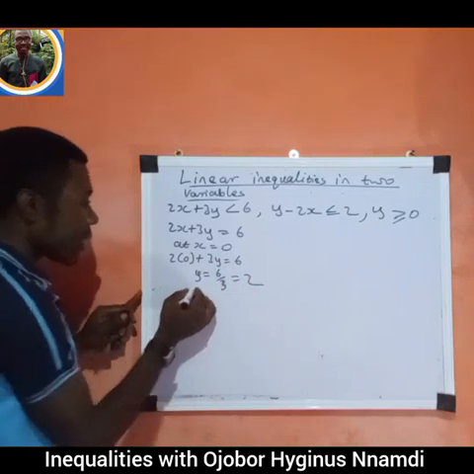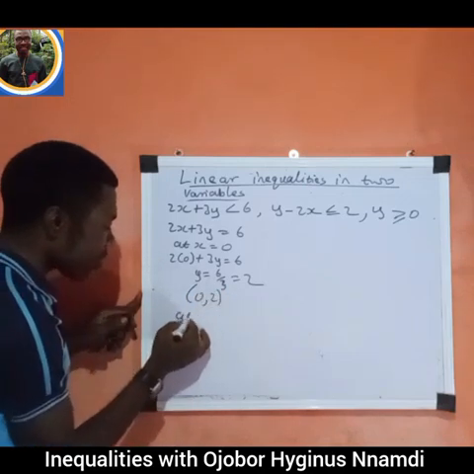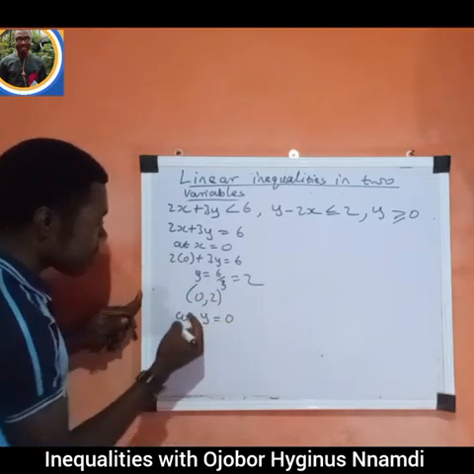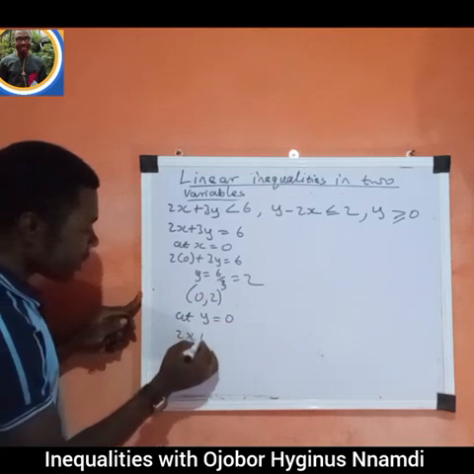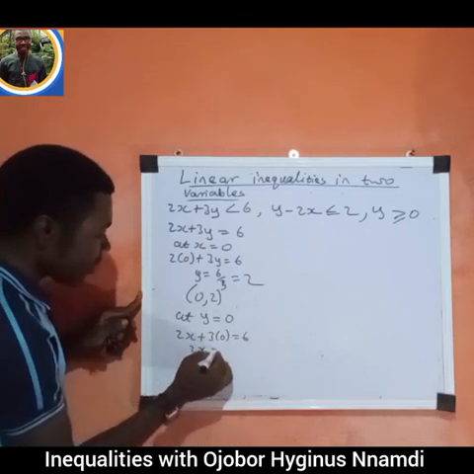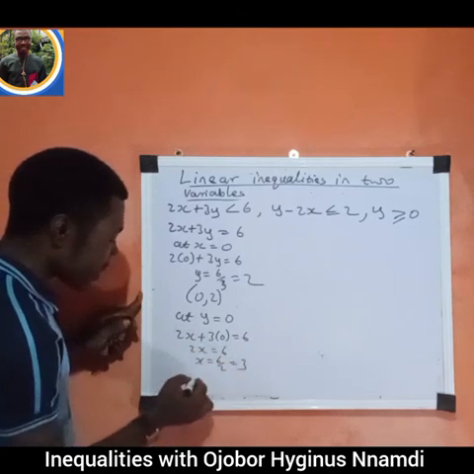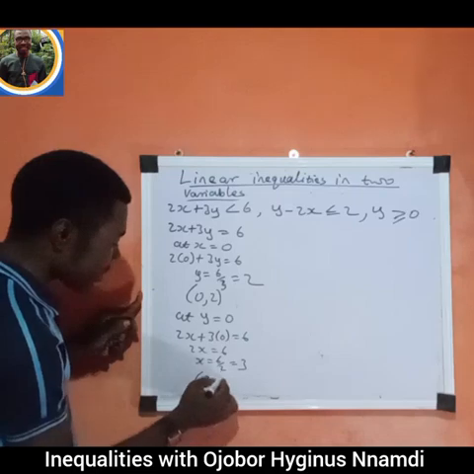Y is 2. So we have 0, 2. Then at y equals 0, we are going to have 2x plus 3 times 0 equals 6. That means 2x equals 6, and x is 6 over 2, that is 3. So we are going to have 3, 0.